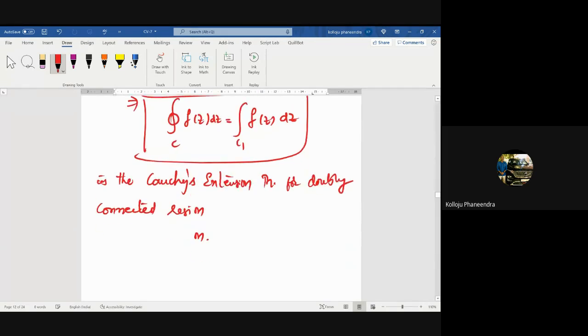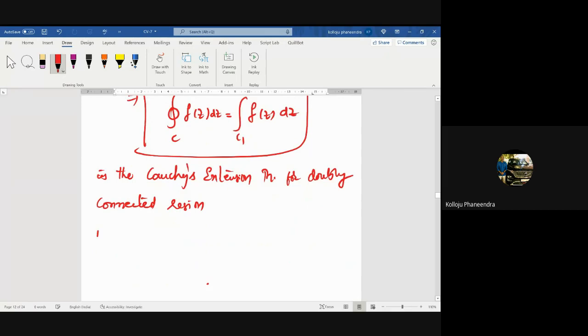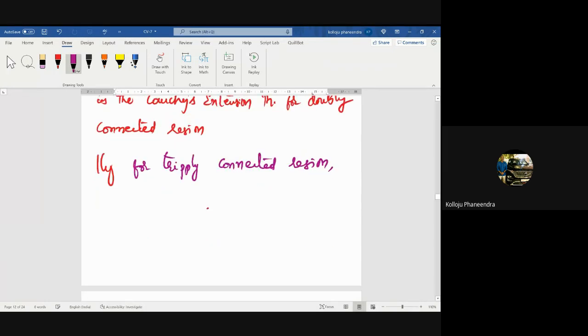Similarly, for triply connected region, Cauchy extension theorem.